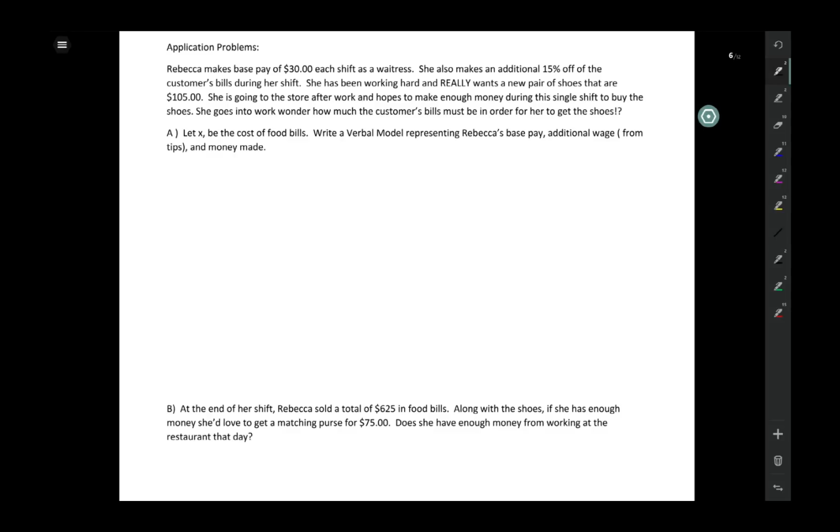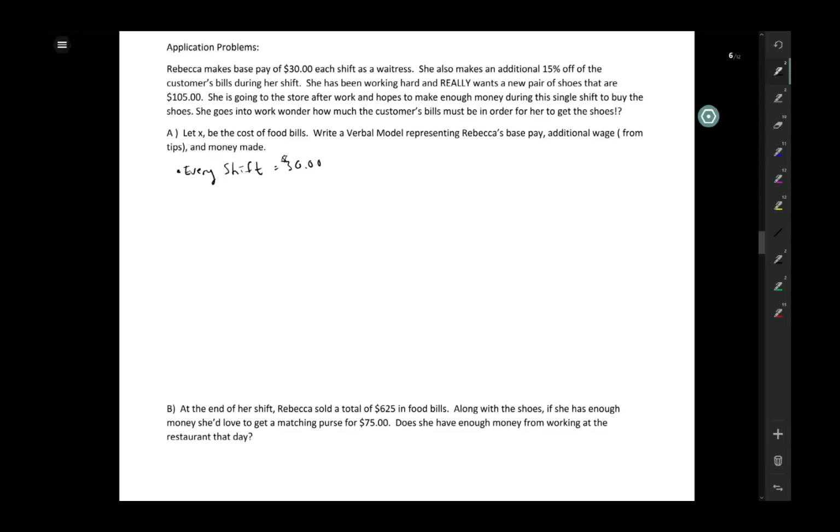Rebecca makes a base pay of $30, okay? Each shift she works as a waitress, okay? So every shift she's guaranteed $30. Okay? Helps to write things down. Every time, every shift, she gets $30. Walks in the door, she's like, hey, I'm here, give me my $30.